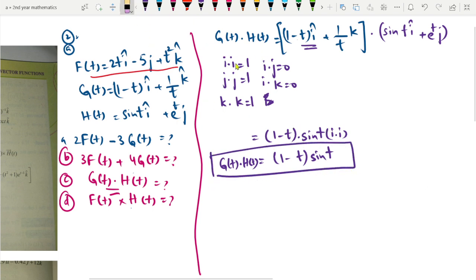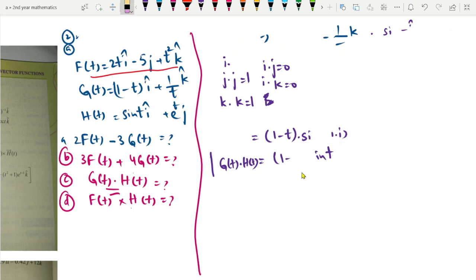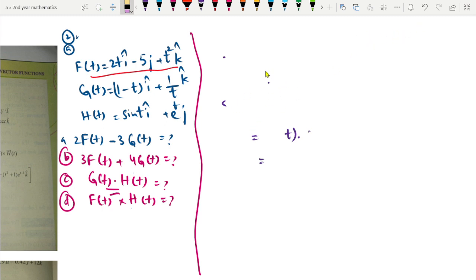Now we will find part D of this question.